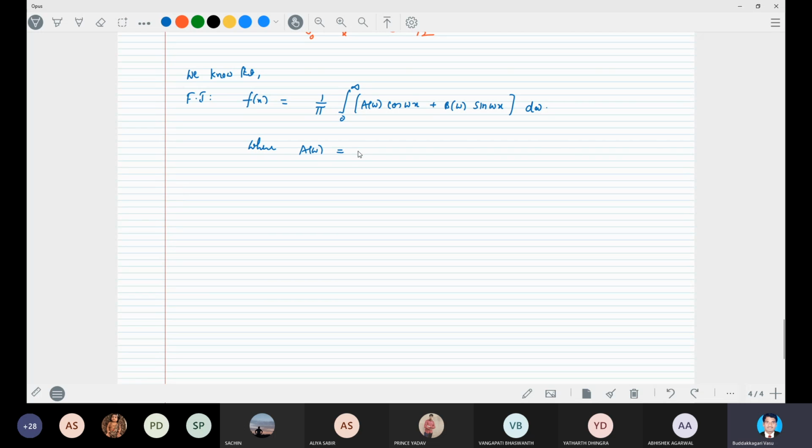Yes, where a(omega) is equal to the integral from minus infinity to infinity of f(t) cos omega t dt, and b(omega) is the integral from minus infinity to infinity of f(t) sin omega t dt. Now find out a(omega) and b(omega) separately.